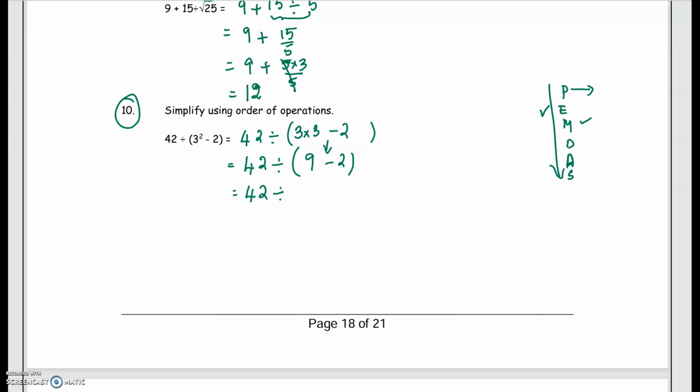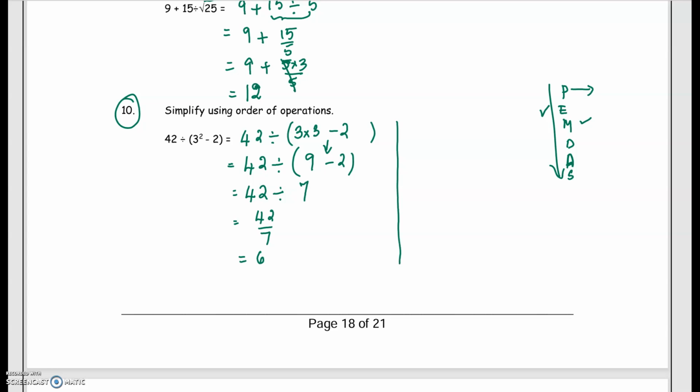Now we have only subtraction, and 9 minus 2 is 7. What's inside parentheses has been simplified to a single number 7, so we don't need to put parentheses around 7. And now of course what's left is to divide 42 by 7, and 7 goes 6 times into 42.